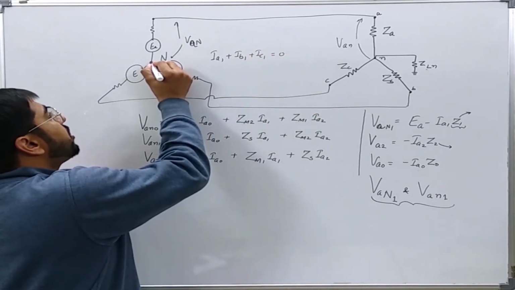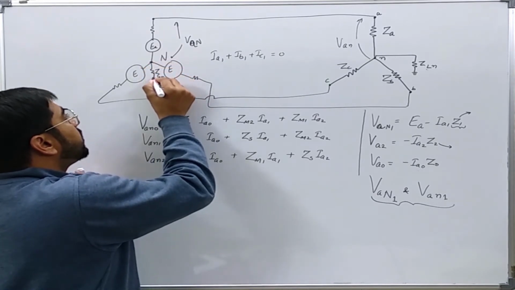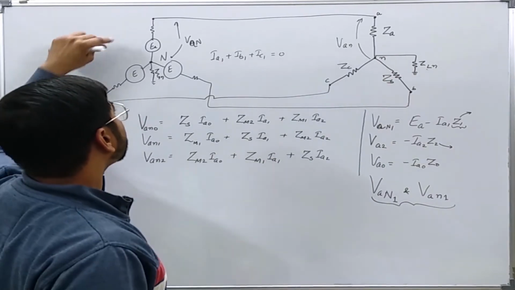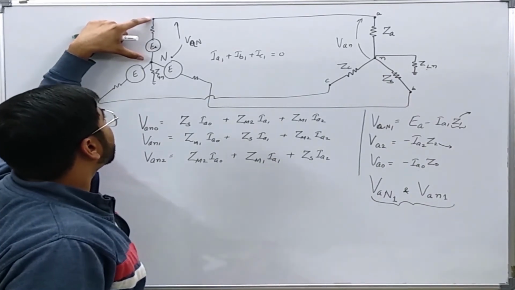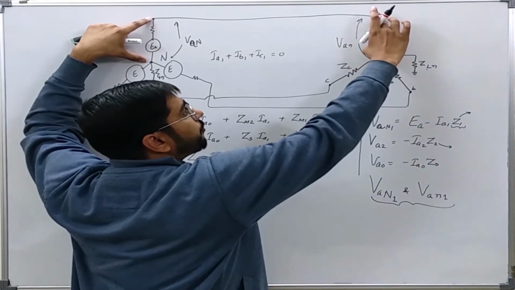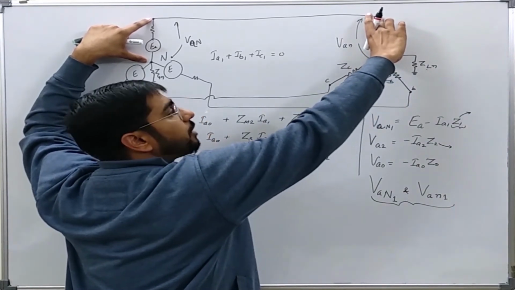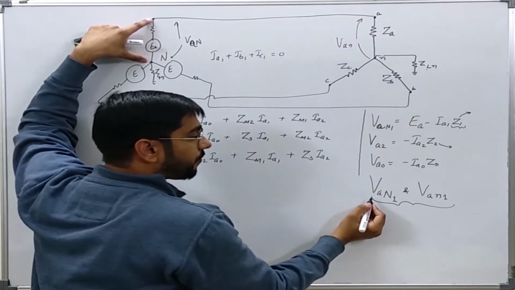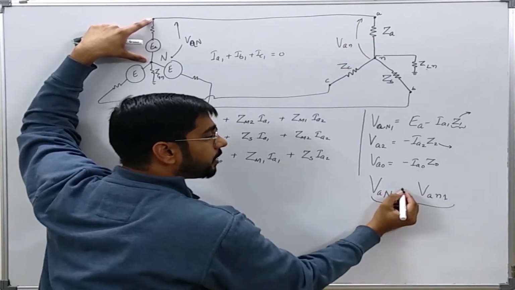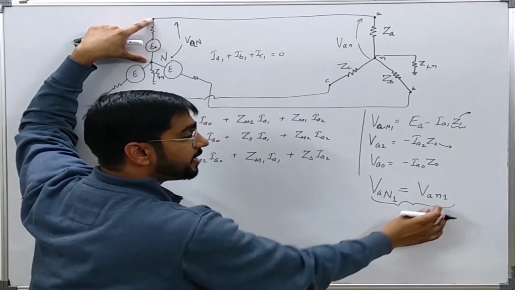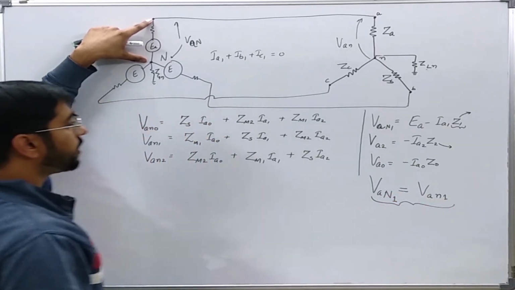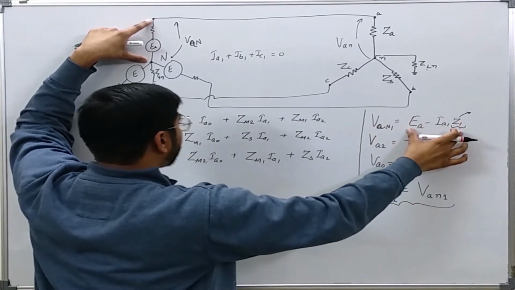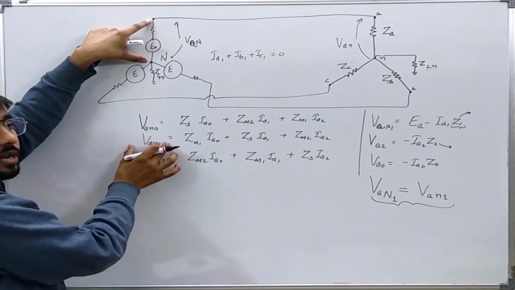So there will be no current in this impedance. Similarly, there will be no current in this impedance. So the voltage drop up to this point and the voltage drop from here up to this point will be equal. That is, it is not going to depend upon the path. Okay, so VAN1 is equal to Van small n1. So I will put Va capital N1 equal to Va small n1.